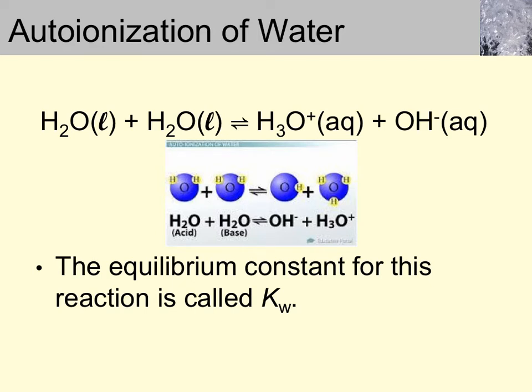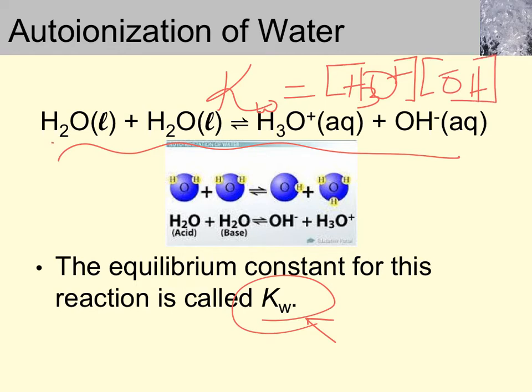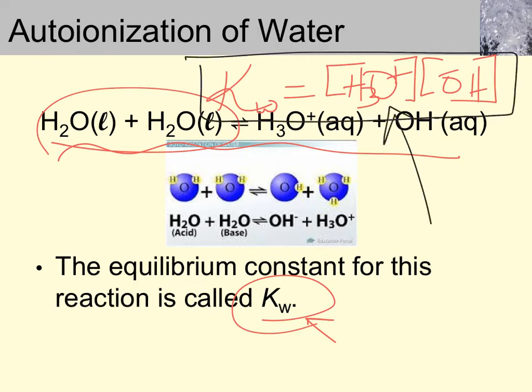In our calculations of pH, we will use something called Kw. I told you there were a zillion different equilibrium constants. Well, this W stands for water. If you were to write the equilibrium constant expression for the auto-ionization of water, you would get products over reactants. So we have hydronium ion concentration times hydroxide concentration. The reactant is liquid water. Remember, you leave pure liquids and solids out of the expression for Kw. So the Kw expression for auto-ionization of water is simply the concentration of hydronium ion times the concentration of hydroxide.